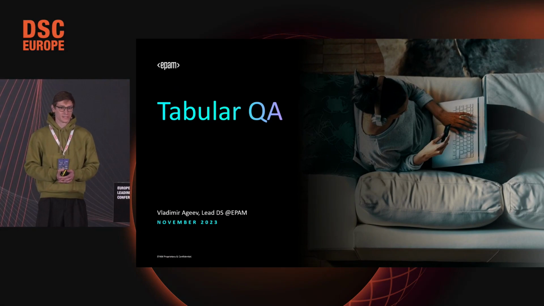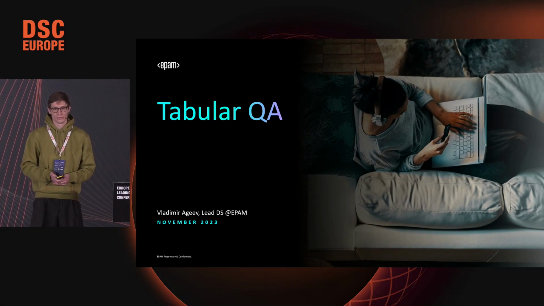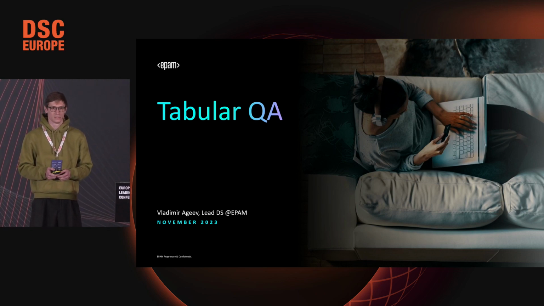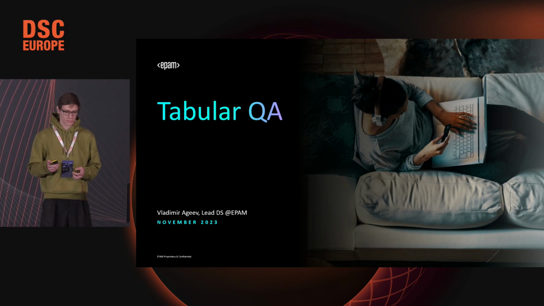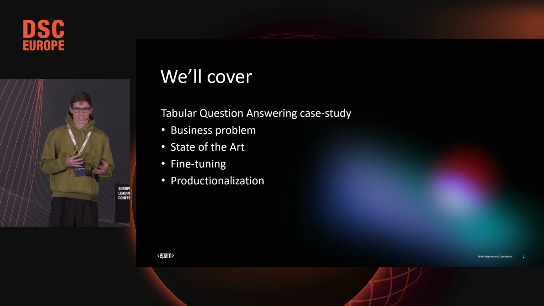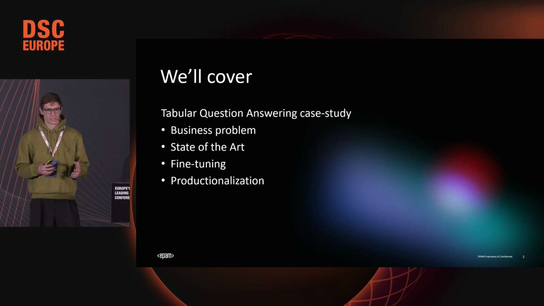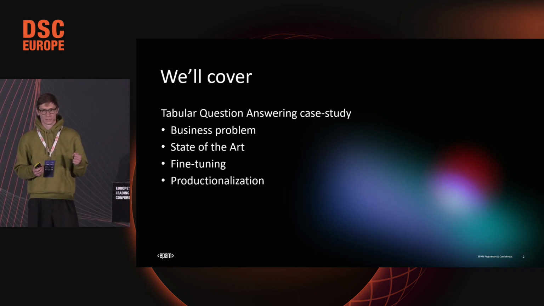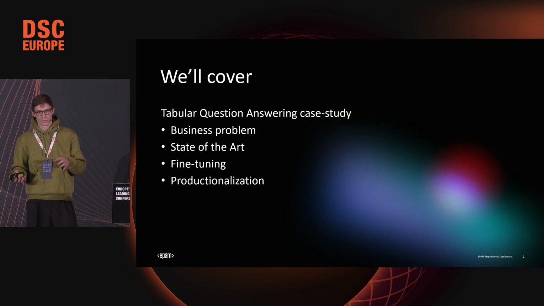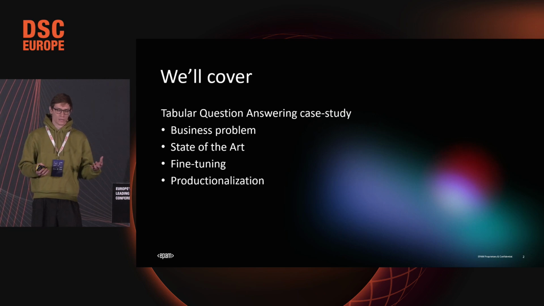I'm a lead data scientist at EPAM, and today I'm going to talk about tabular QA application in document search for our product. It will be a rather technical session, sort of a case study, and we will cover different aspects of that project. We will start with a business problem. I will talk about our product and what the feature is.